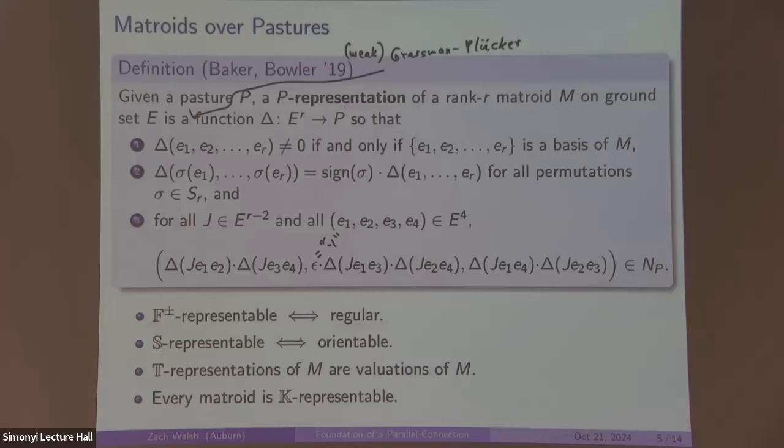Equivalently, these are matroids that have a representation over every field. It's a fundamental class of matroids. Matroids that are representable over the sign hyperfield are orientable. Representations of a matroid over the tropical hyperfield T are valuations of the matroid.